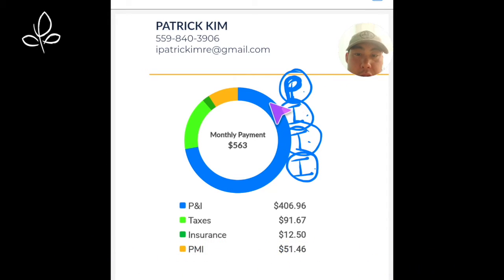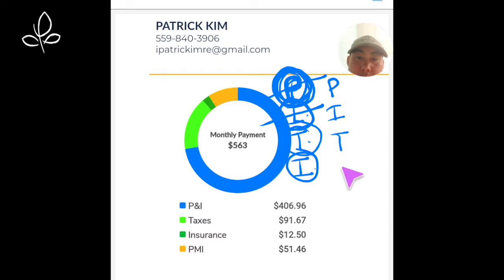So if you bought it in cash, you didn't borrow any money, you wouldn't have a principal. Your interest is the cost to borrow your principal amount, which is the money borrowed. If you bought it in cash, you didn't borrow, so you don't have a cost to borrow. Make sense? But for the majority of us, we have all four parts, the P, the I, the T, and the I. Let's break it down.